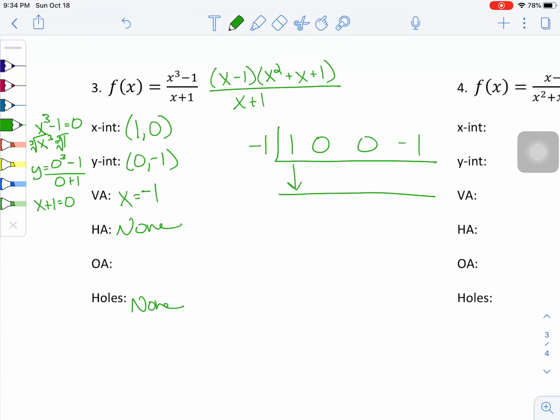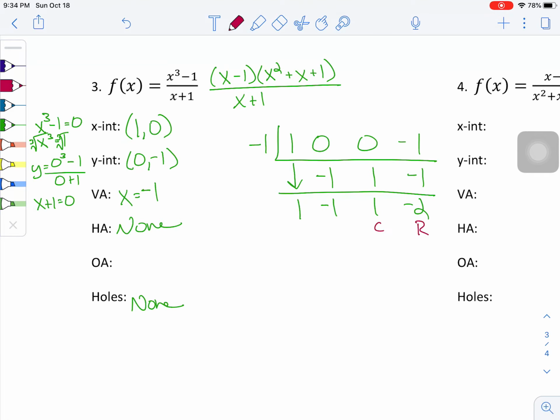We're going to go ahead and drop that one straight down. So 1, negative 1. Add vertically, 1. Let's multiply, add vertically. Okay, so if I label what we just came up with: remainder, constant, x, x squared.